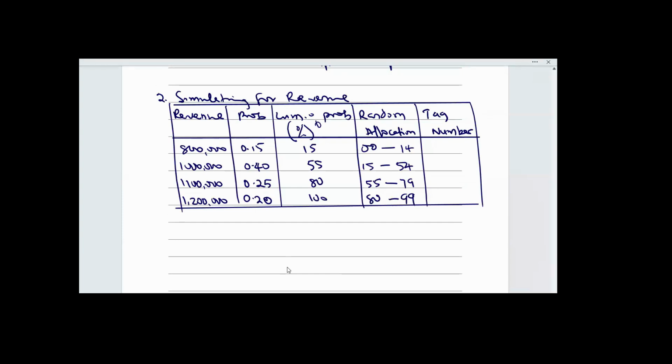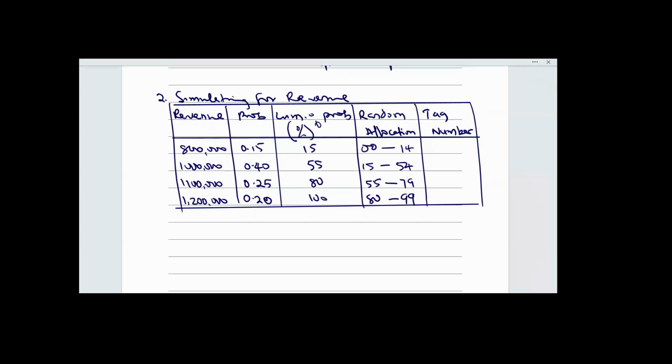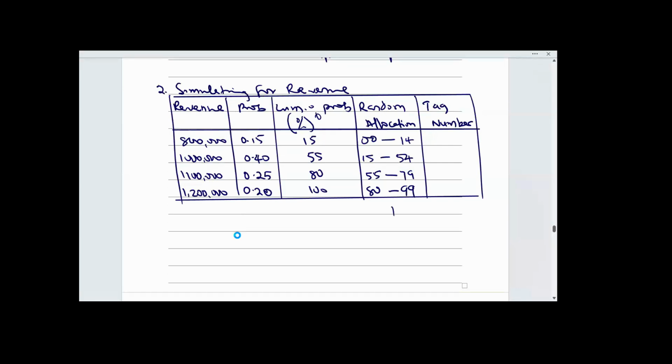So we then go back to the question. What are the tag numbers given for revenue? The first one is 35. You now look at your random allocation. Where does 35 lie? 35 is here. Next one, 22. The same place.